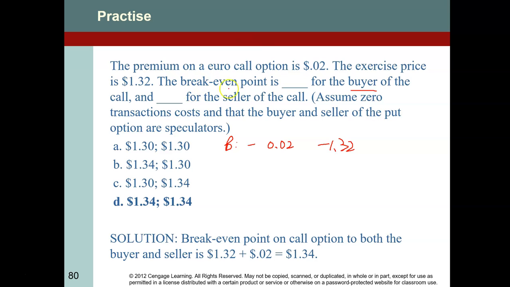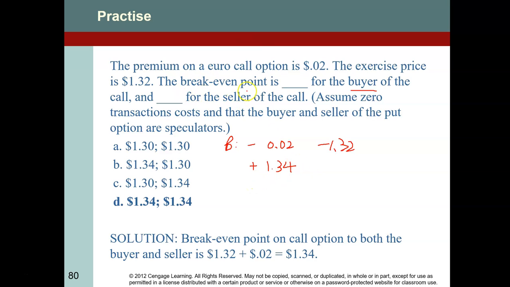So if we want a break-even point where we make zero profit but don't lose either, we have to have a cash inflow of 1.34, meaning we pay 1.32 to purchase the euro underlying the call option, and we should be able to sell the currency at 1.34 on the spot market.